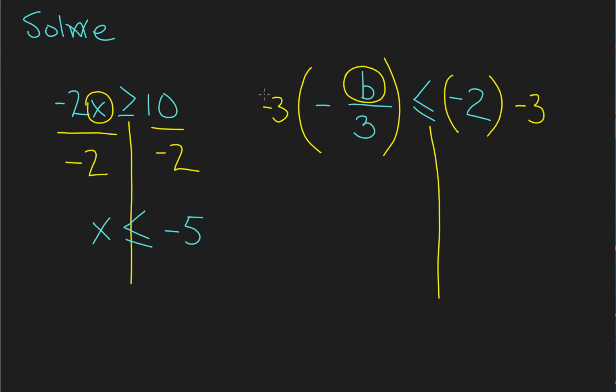So this is going to cancel the negative 3 and the negative 3, multiply by negative 3 and divide by negative 3. Sorry, guys. And we're left with the b. Negative 2 times negative 3 gives me a positive 6, and we flip that inequality sign.